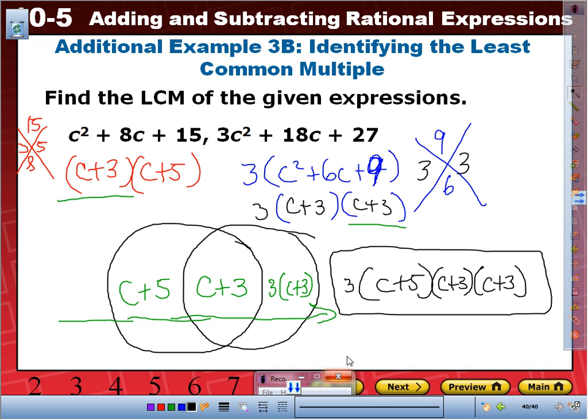If you wrote 3 times C plus 5 times C plus 3 squared, yes, I'll take this also.